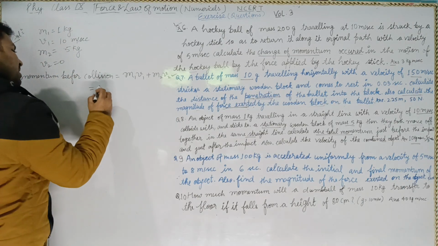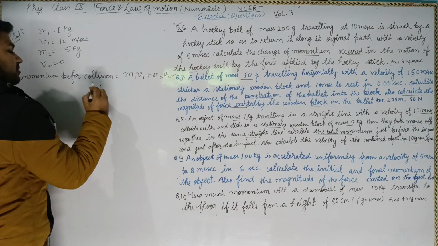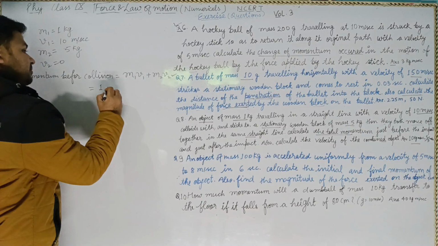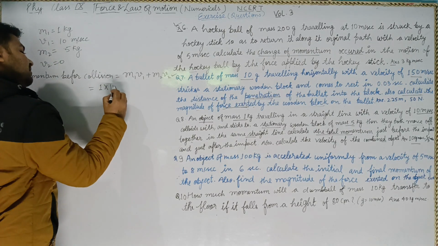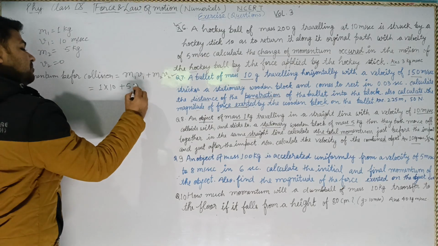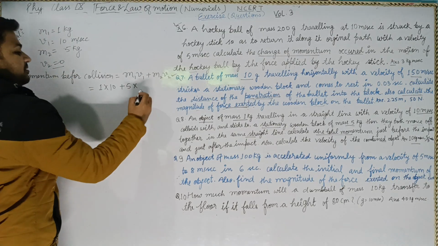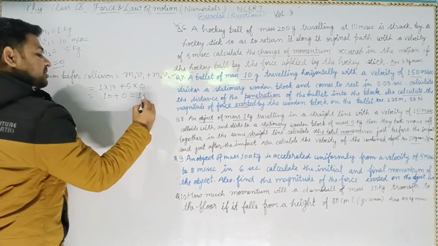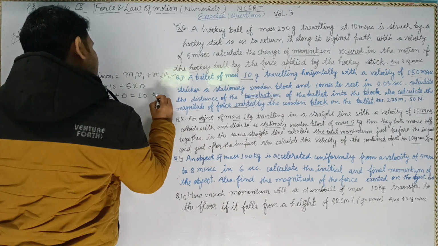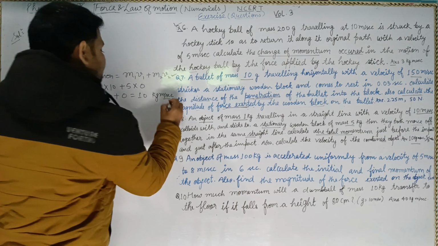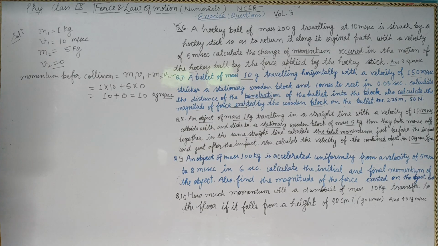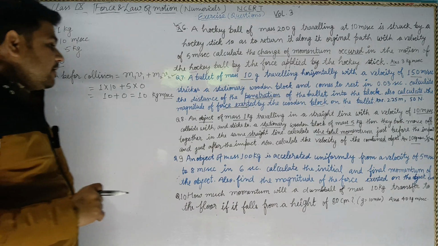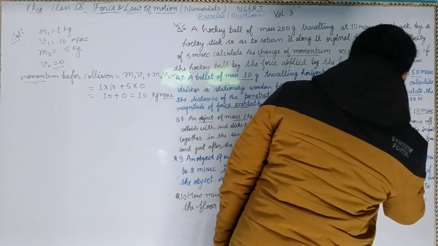The mass of the object is 1 kilogram times velocity 10, plus mass of block 5 kilogram and velocity of block is 0. So 10 plus 0 is equal to 10 kilogram meter per second. It is the result of the momentum before collision, or the total momentum just before the impact.